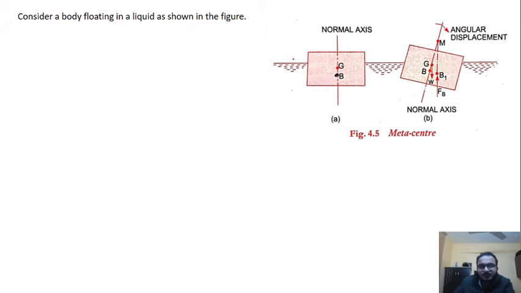So here, this is the floating body, that is not completely submerged, but a half portion of the body is inside the water. So here we have a center of gravity G and center of buoyancy B, and this will be considered as the normal axis.